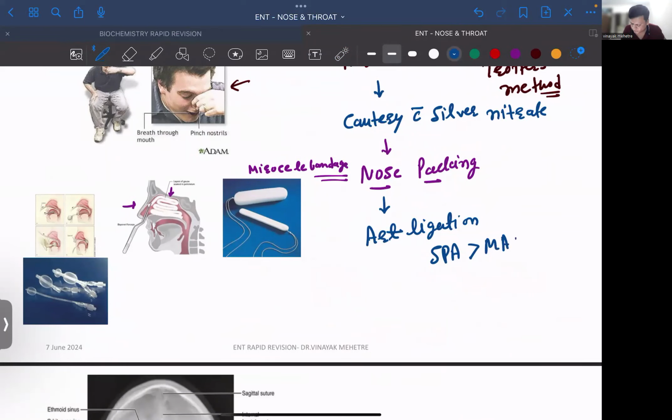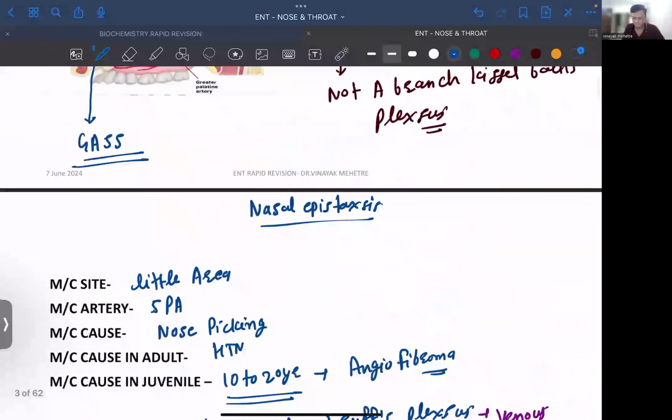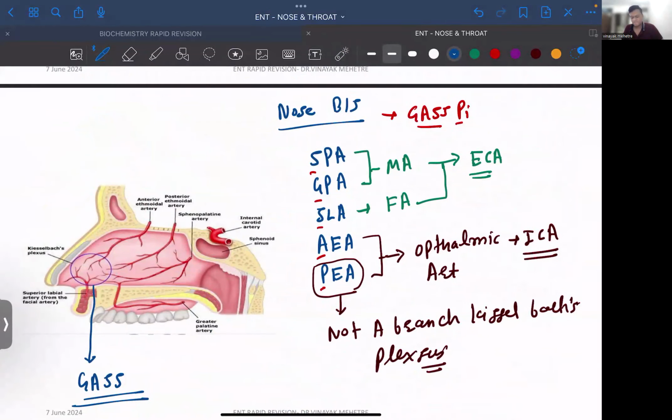Now, still bleeding is not stopping. We have blocked this one, we have blocked this one. Now, how many arteries are remaining which can cause bleeding? That is this one, and this one, right? Or this one.